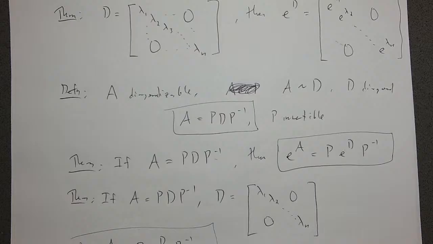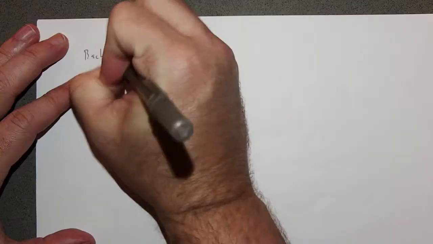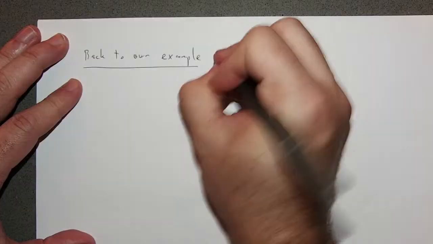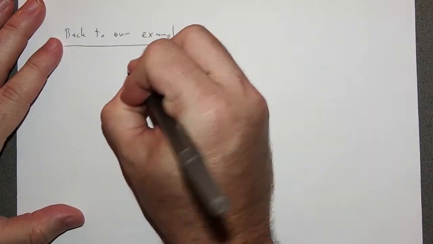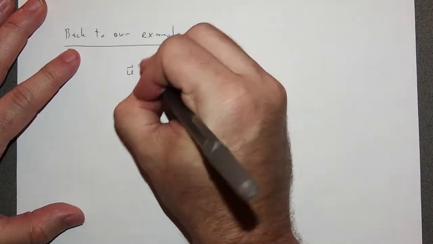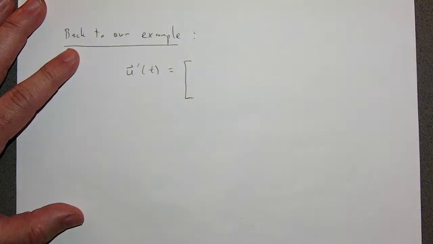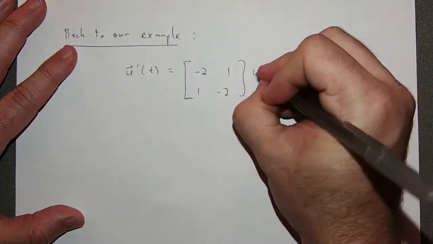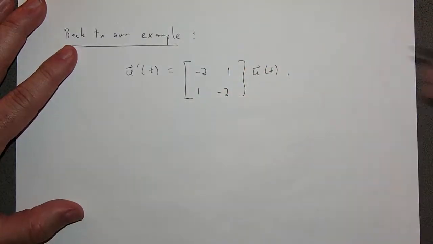So let's go back and apply this to our problem. Back to our example. Let's write out our example nicely here. We have u prime of t is equal to, this is our 2 by 2 matrix here, minus 2, 1, 1, minus 2, times u, with initial vector, I think we chose 10, 0.